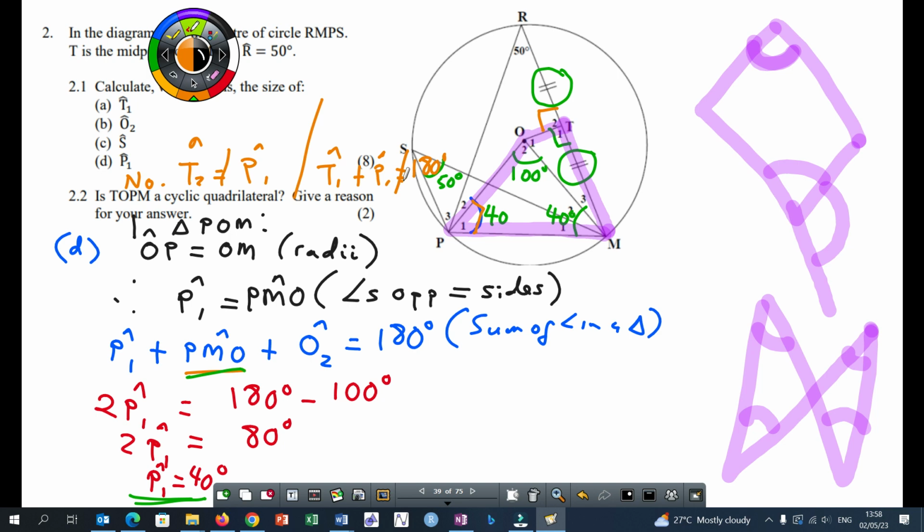If they were equal, then we could draw a circle passing through those 4 points. If T2 was equal to P1, then the quadrilateral was going to be cyclic. If T1 plus P1 was equal to 180, then the quadrilateral is going to be cyclic. But that's not the case.